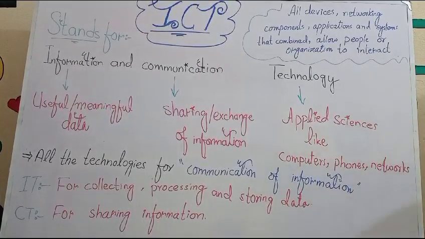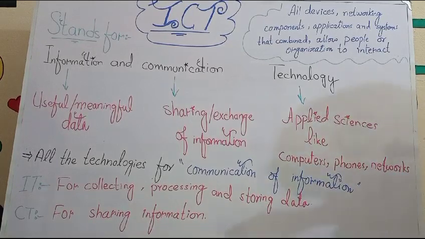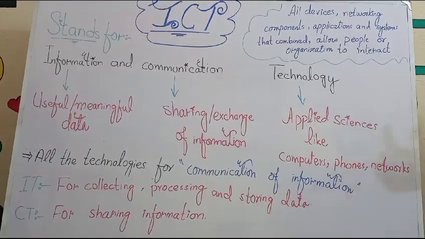And here the goal of ICT is to facilitate the way information is collected, created, processed, transmitted and stored. So we can say the goal of ICT, information and communication technology, is to improve the access to information.